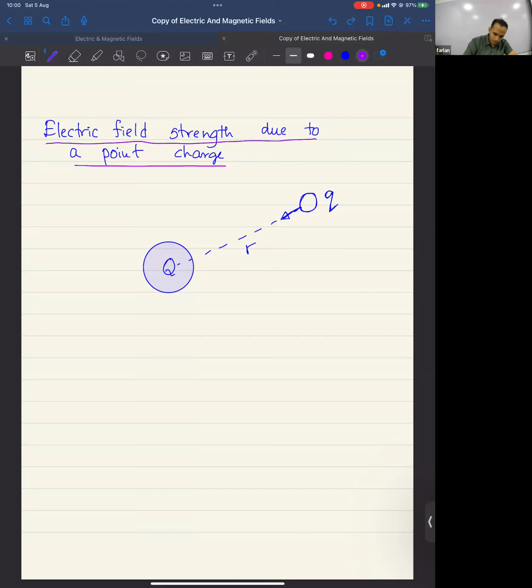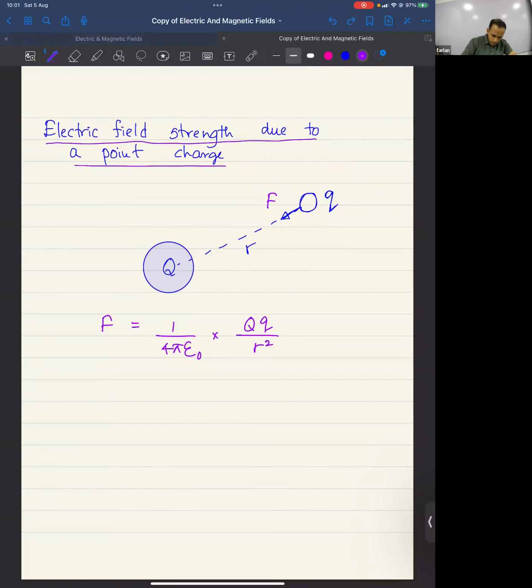Now guys, if I take the force acting on this one to be F equals 1/4 pi epsilon naught into Q over R square. Am I right? So on this charge, simple q, the force acting is 1/4 pi epsilon naught Q over R square.